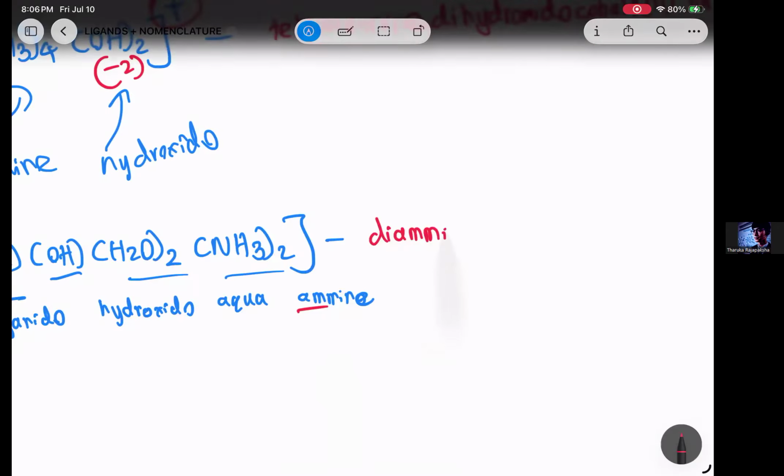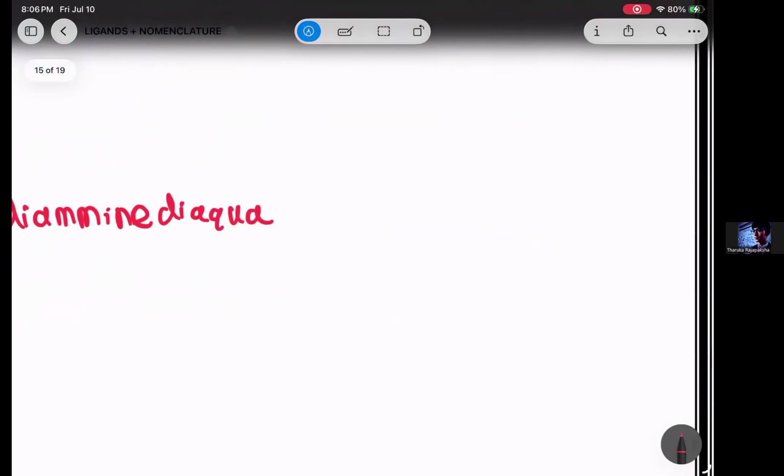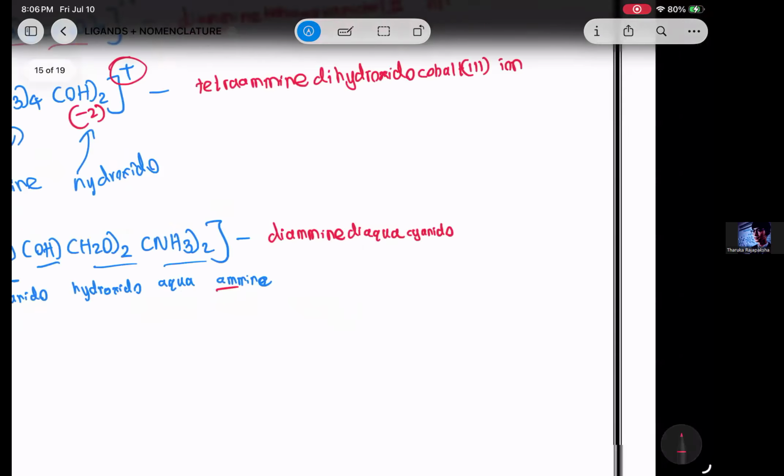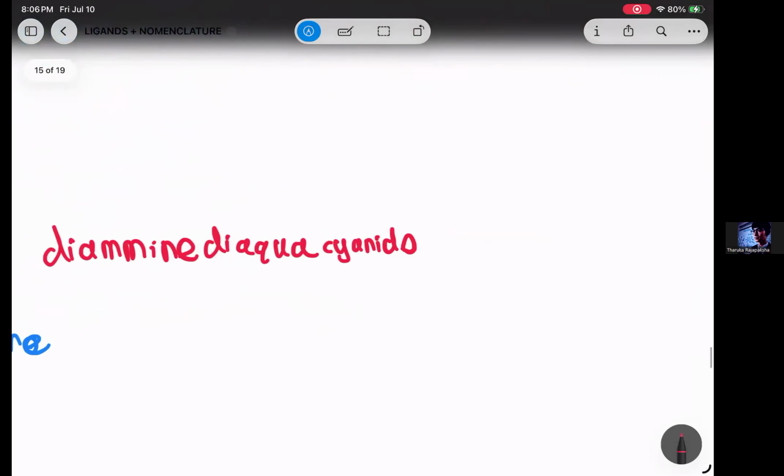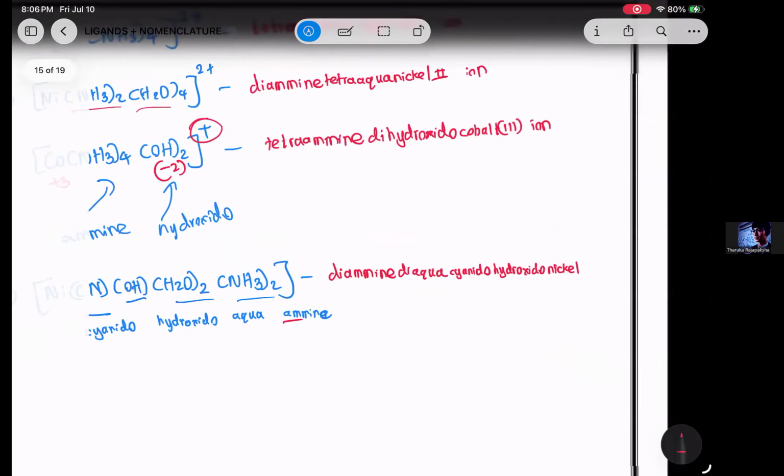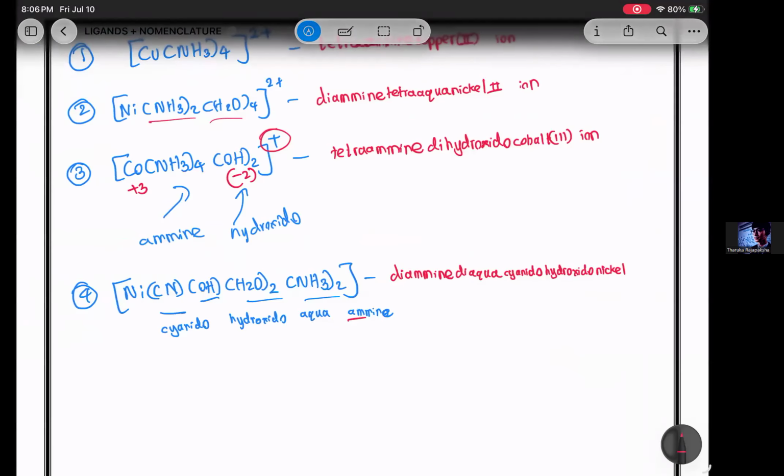Diamine, diaqua, cyanido, and then hydroxido. Nickel, diamine, diaqua, cyanido, hydroxido, nickel.